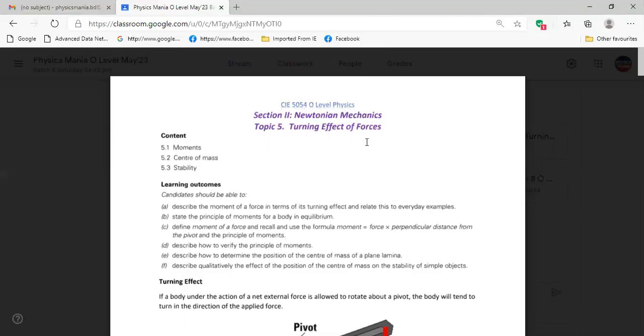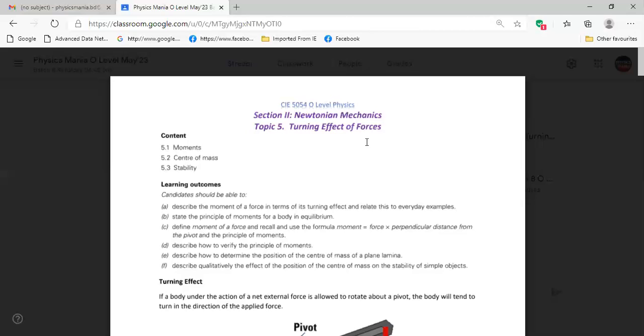Yes. After that we have the lamina: how to get the center of mass of a plane lamina, and the conditions for stability, how to make the object more stable.